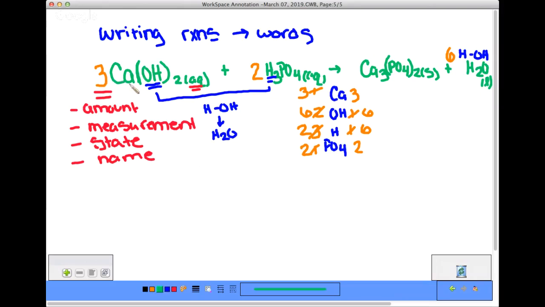Right here, the first thing I want to do is name this. So I'm going to say that I have 3. And this is a molecule because it's bonded to something else. So I'm going to say 3 molecules. This is aqueous.